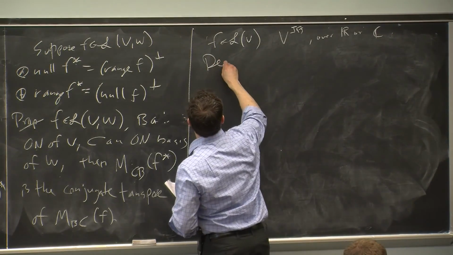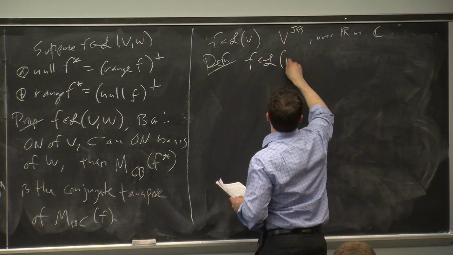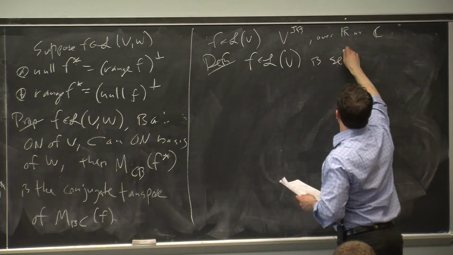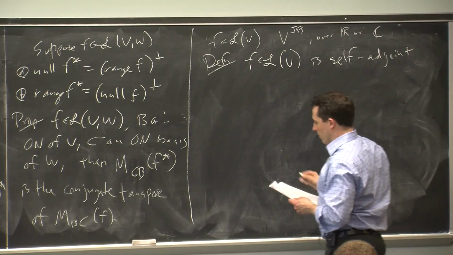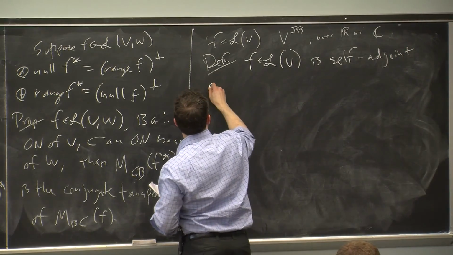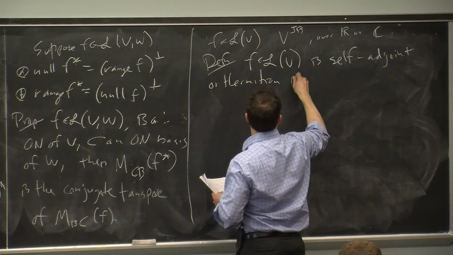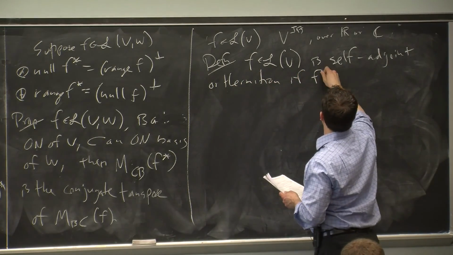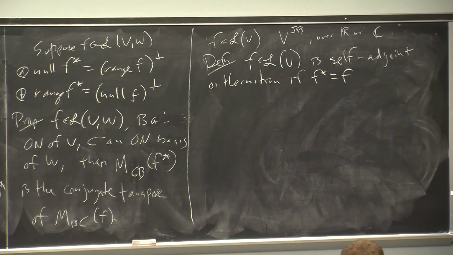In that context, we had the definition that a linear operator is self-adjoint, or Hermitian, though I mostly say self-adjoint, if F and F star are equal.